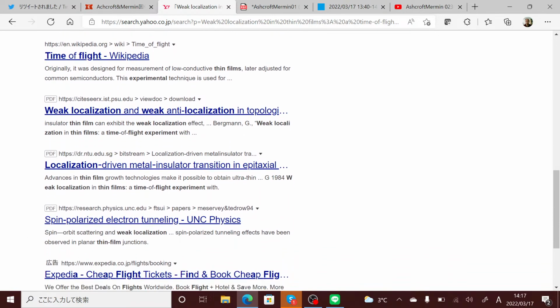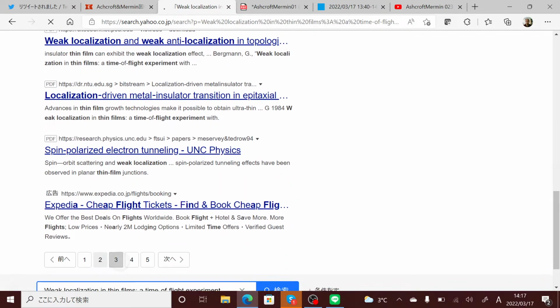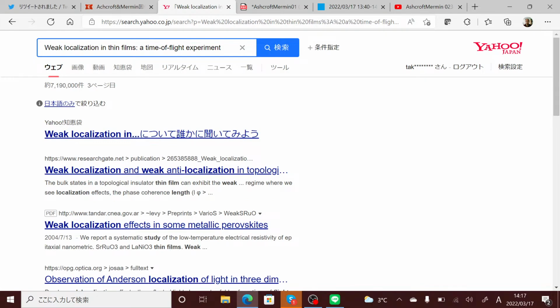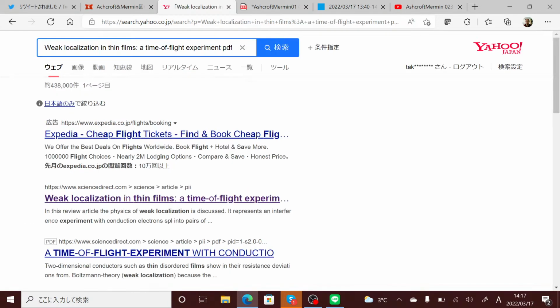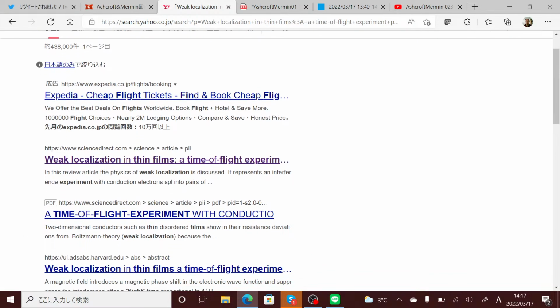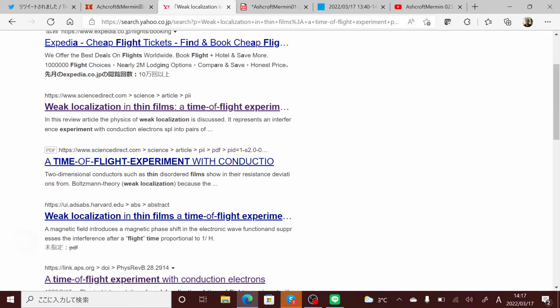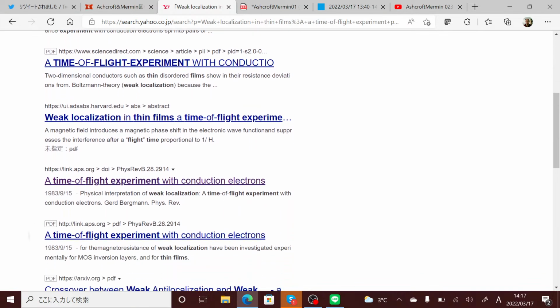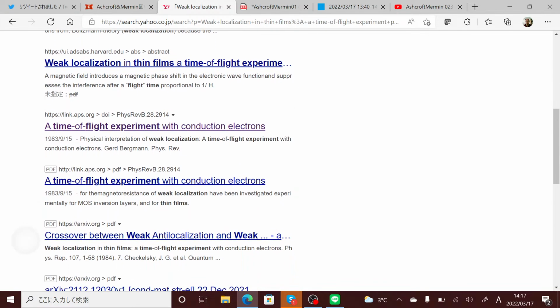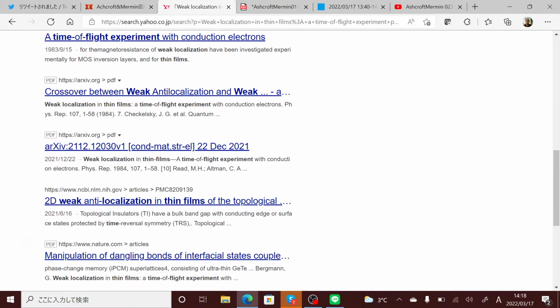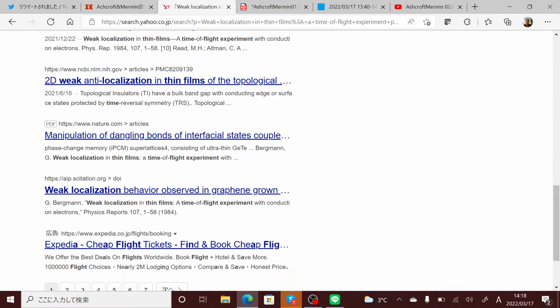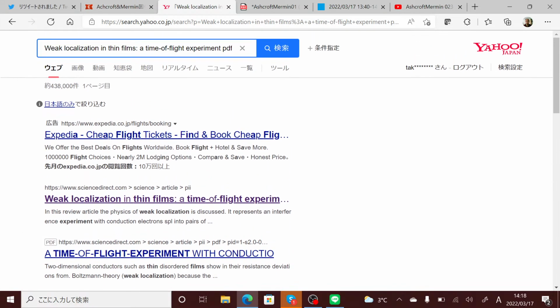Anti-localization in topological spin polarized. Let me see. Okay, I think I give up.